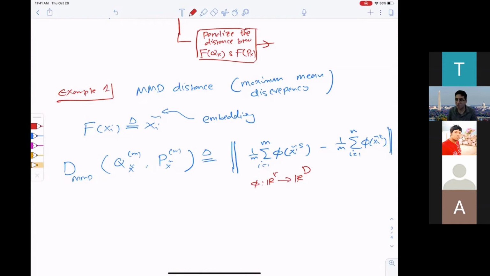But one issue here is that this D, capital D, can be very, very large. If you're looking at polynomials of degree k, then you are really expanding your features to a very, very large space. So how can we compute this efficiently without requiring to explicitly compute phi of x's?